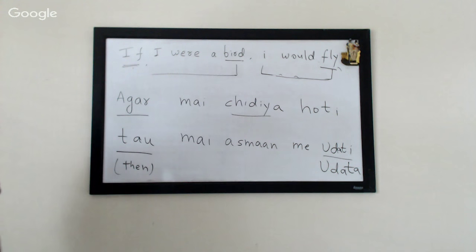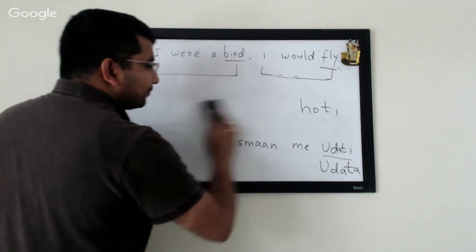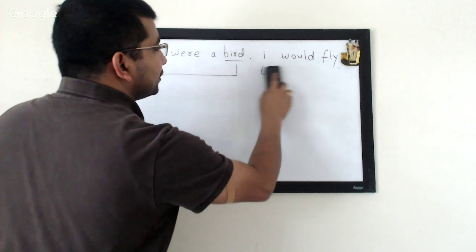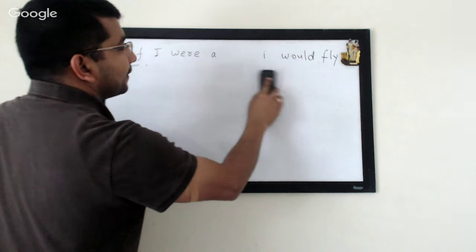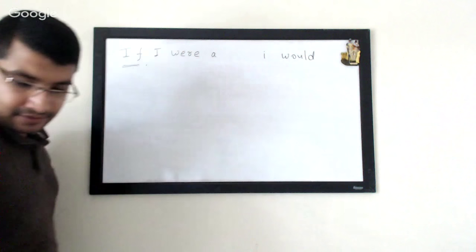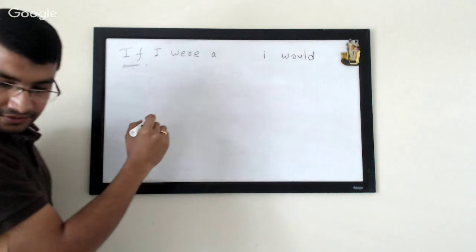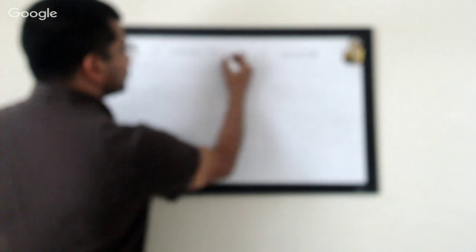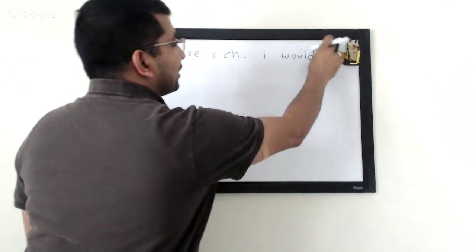So let's get going. The next sentence I have is, and I'm going to give you some time now so that you can do it yourself, and then we'll do it collectively. The second sentence is, if I were rich, I would travel the world.